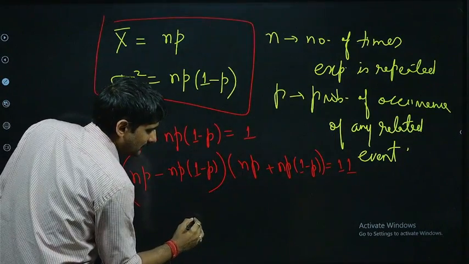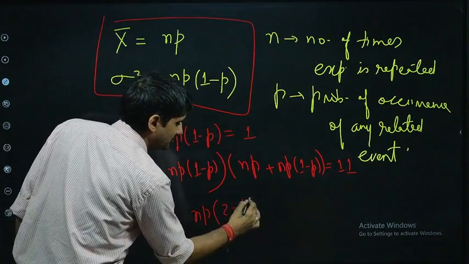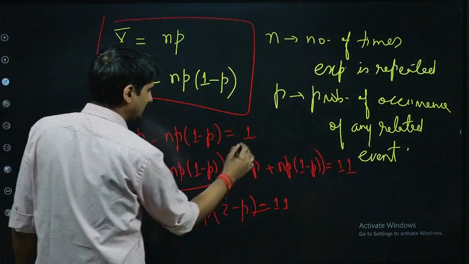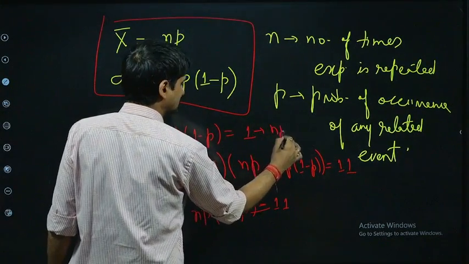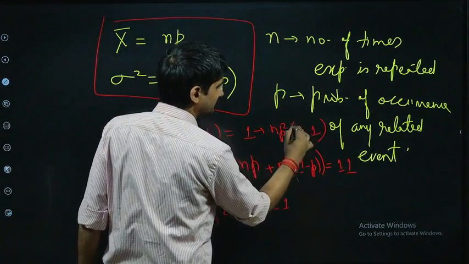Taking np common, this is np into 2 minus p, which is 11, because the other factor is 1. And here, taking np common, 1 minus 1 gives np square, which is 1.